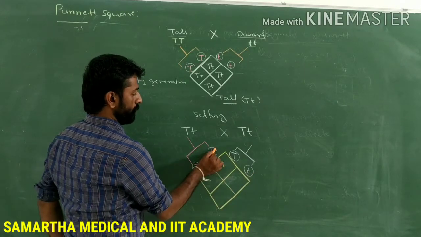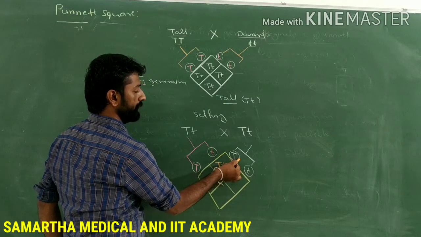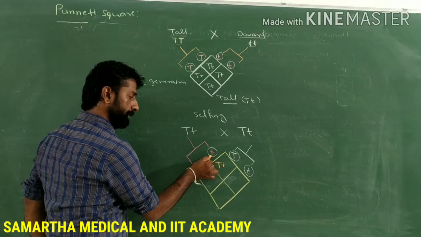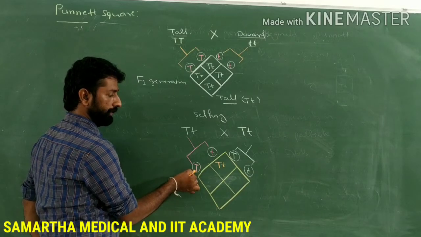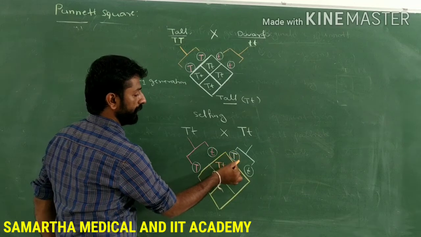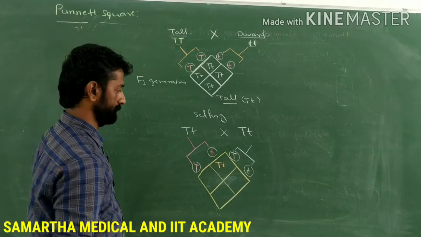So one of the male gametes can fertilize the female gamete containing either the recessive allele or the dominant allele. Similarly, one of the eggs may get fertilized with the male gamete containing the dominant allele or the recessive allele.